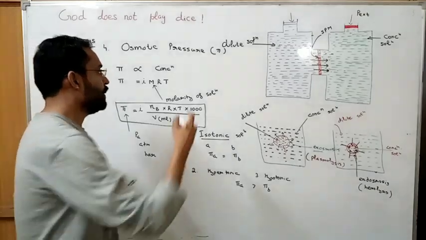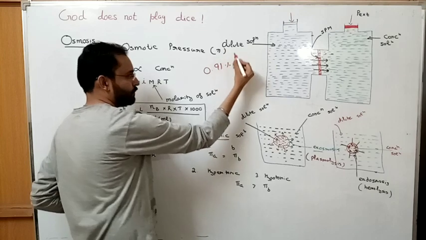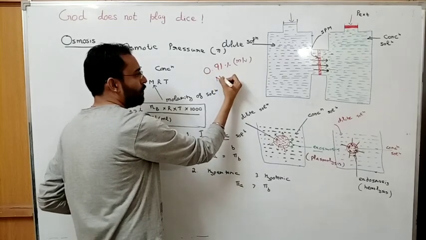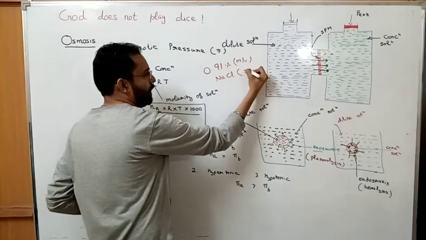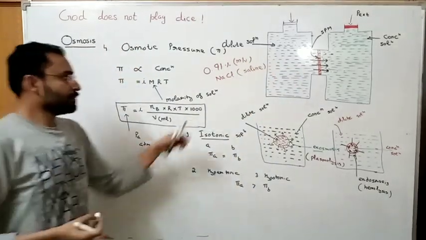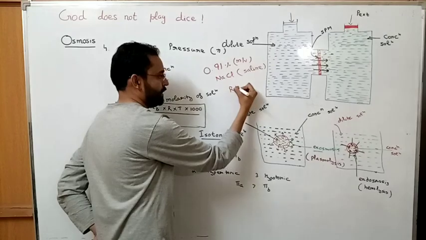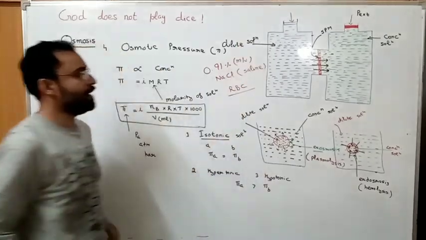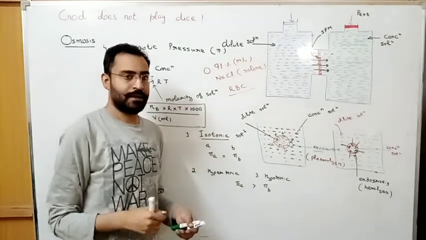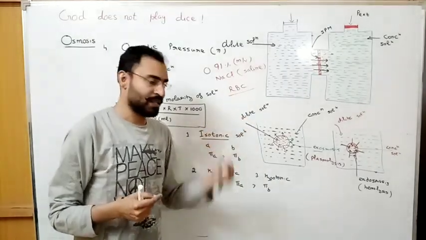Note the example: 0.91% mass by volume solution of NaCl, commonly known as saline. You must have heard the name saline in hospitals. It is isotonic with human RBCs. So whenever a saline drip is given, what is its concentration? That is 0.91%. It's isotonic with human red blood corpuscles.